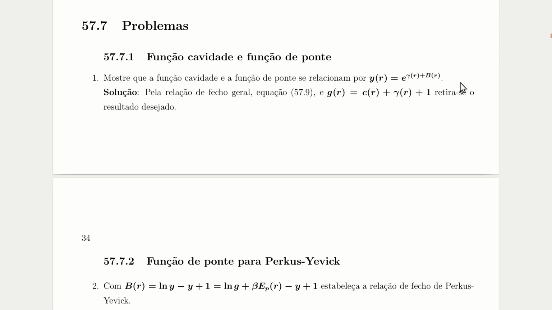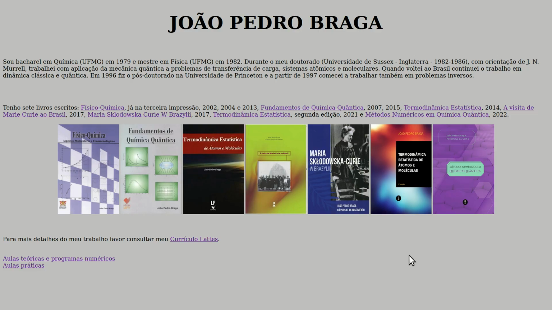To prove that it is given by that, you just have to use this expression for g of r and substitute it in equation 57.9. That is the general relation between the correlation function and the bridge function. Use that in this general expression, and you get the desired result. Thank you very much.